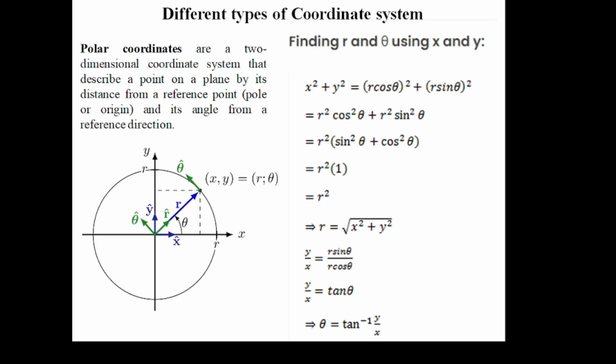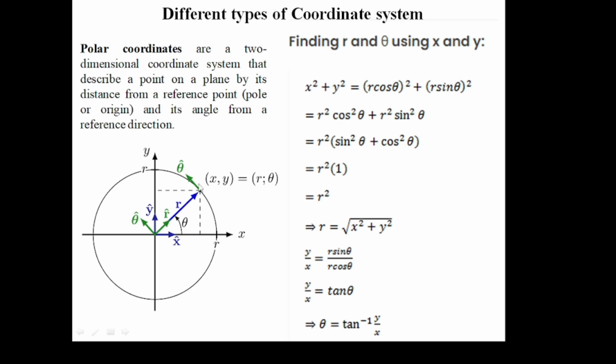It is a two-dimensional coordinate system that describes a point on a plane by its distance from a reference point, that is from the pole or origin, and its angle from the reference direction. Suppose this xy is the Cartesian coordinate, and here a particle P has position x, y.